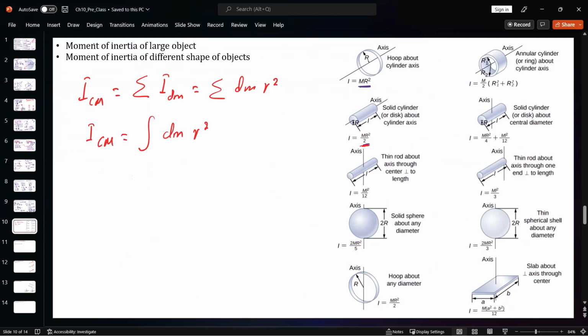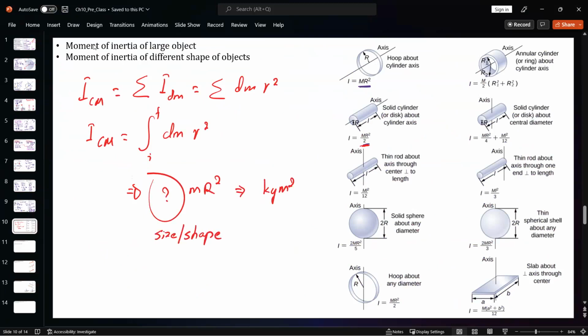When I do that integral with the initial and final conditions, depending on the shape of the object, I will get various parameters in front of that MR squared. The MR squared always remains there, in units of kilogram meter squared, but you get a parameter in front of it, based on the size and shape of the object.